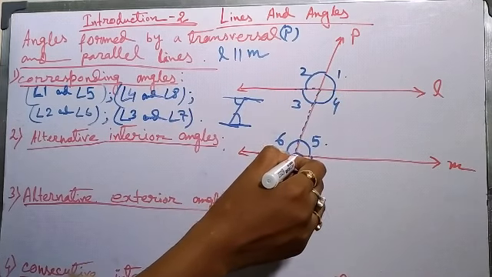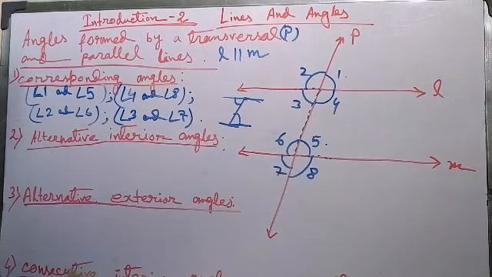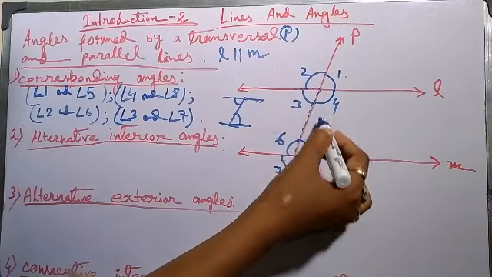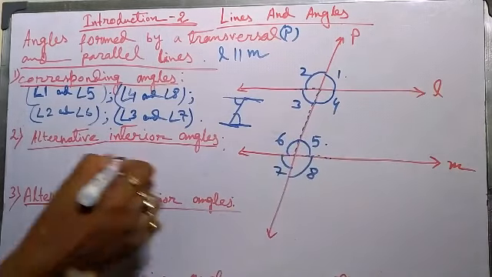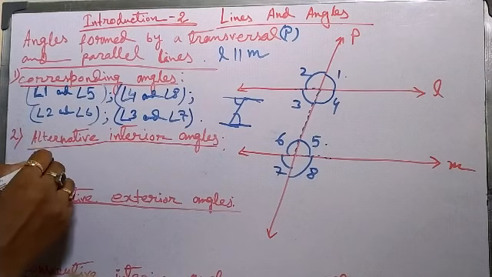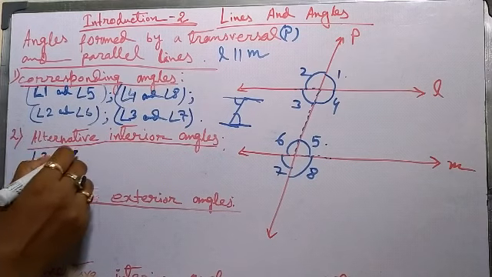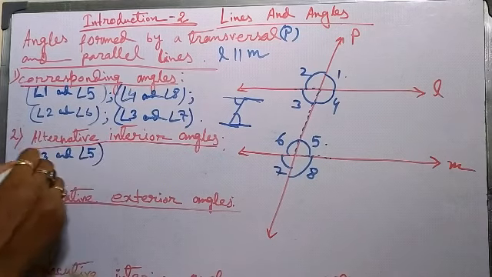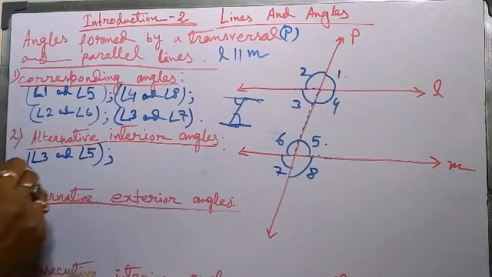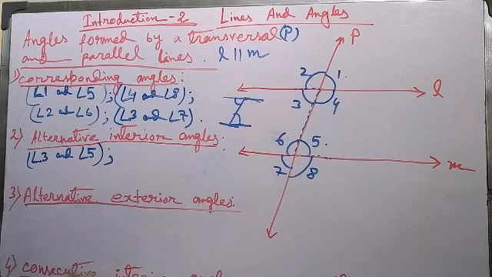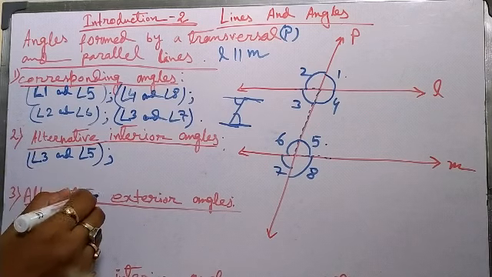See, this is formed like a Z. Then we can say that angle 3 and angle 5 are alternative interior angles. This is called alternative interior angle. That means both the angles will be equal.